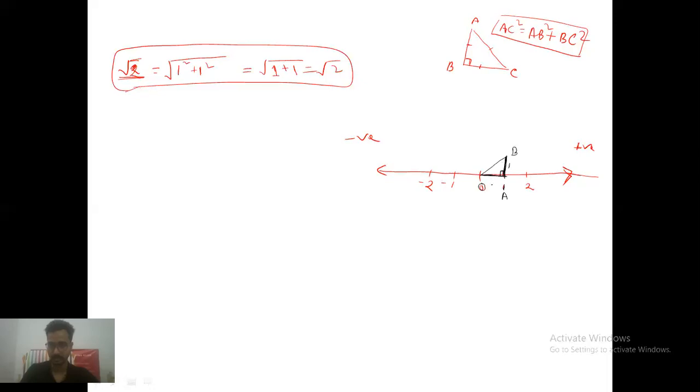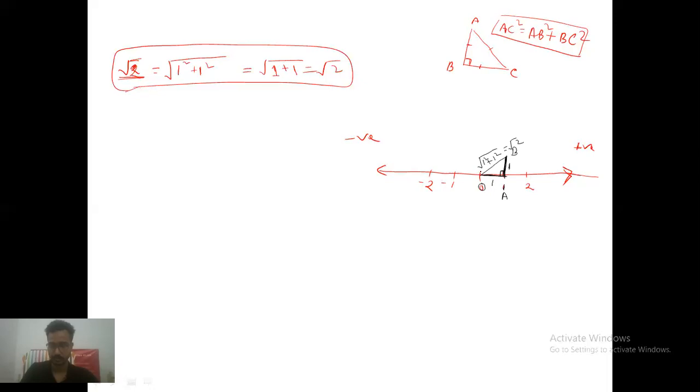This is 1 unit, this is 1 unit. So according to Pythagoras theorem, it will be root over 1 square plus 1 square. Yes or no? It is nothing but root over 2. That means the value of OB will be root over 2. Yes. Now what we have to do?